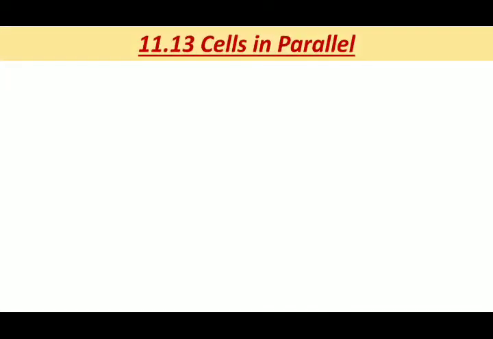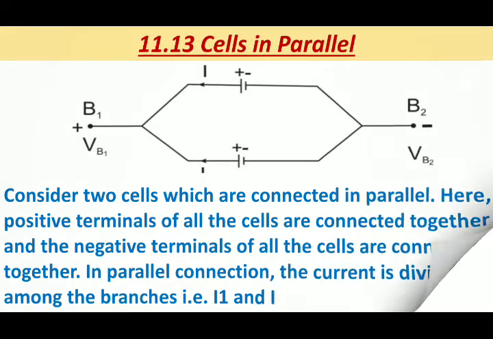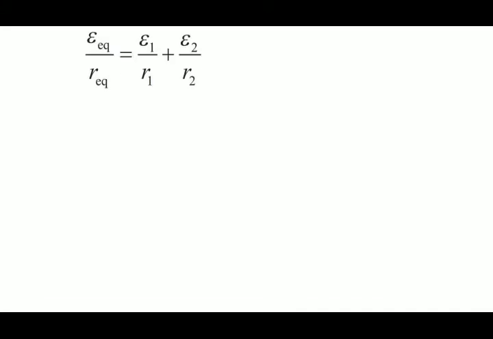Now cells in parallel, just have a quick recall of that. Consider two cells which are connected in parallel. Here the positive terminals of all the cells are connected together and the negative terminals of all the cells are connected together. In parallel connection, the current is divided among the branches, that is I1 and I2. Now here the ratio of EMF and internal resistance, E upon R, is nothing but E1 upon R1 plus E2 upon R2.